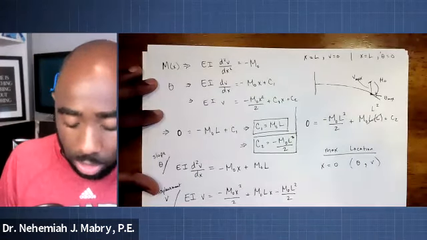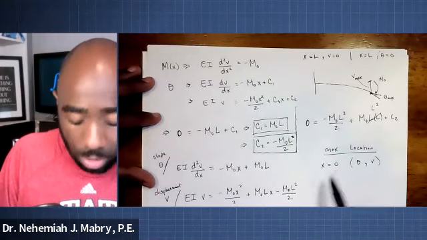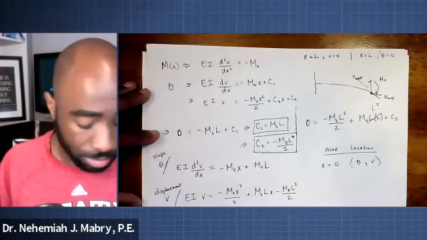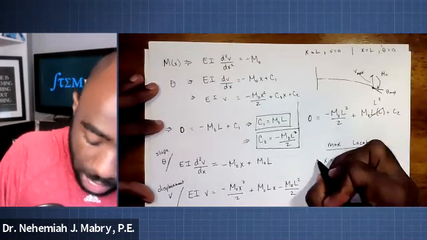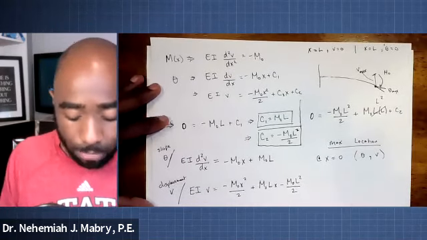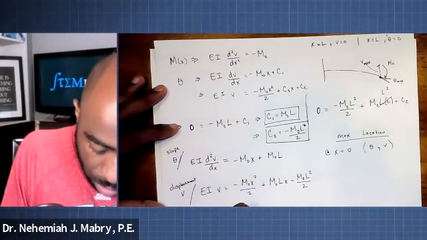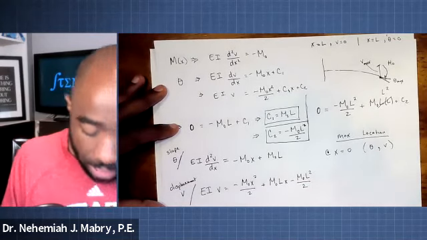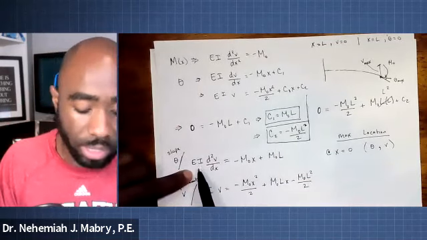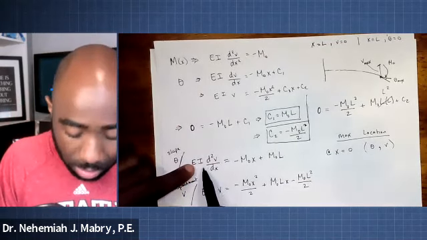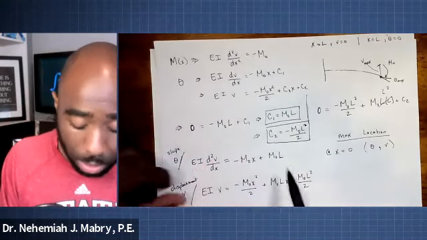So now what we need to do is simply plug in 0 for x in these equations, because that x equals 0 is where it's located. So now we're just going to go ahead and say, for the slope, the maximum slope is this, right? And at this step, this is where we can't forget that over here we have this EI. So we're going to need to move this EI to the other side when we plug these things in.